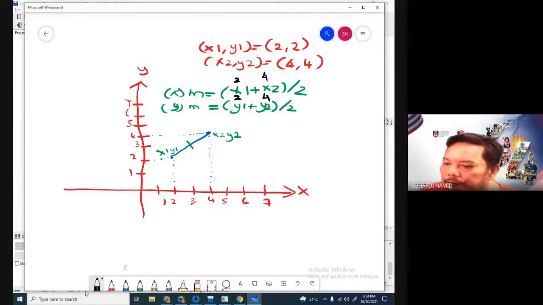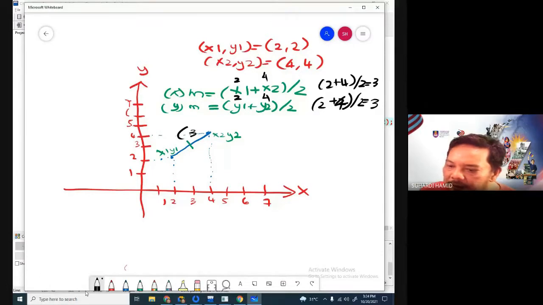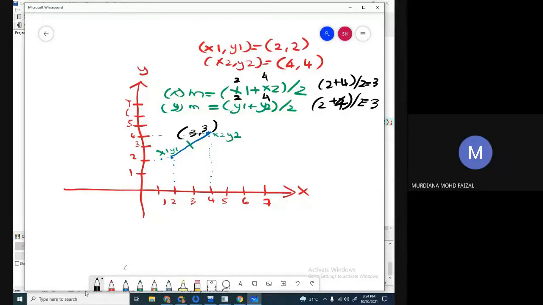So 2 plus 4 divided by 2, which is equivalent to 3, 3. This is 3, 3. Isn't it? Yes. Class, can you see?